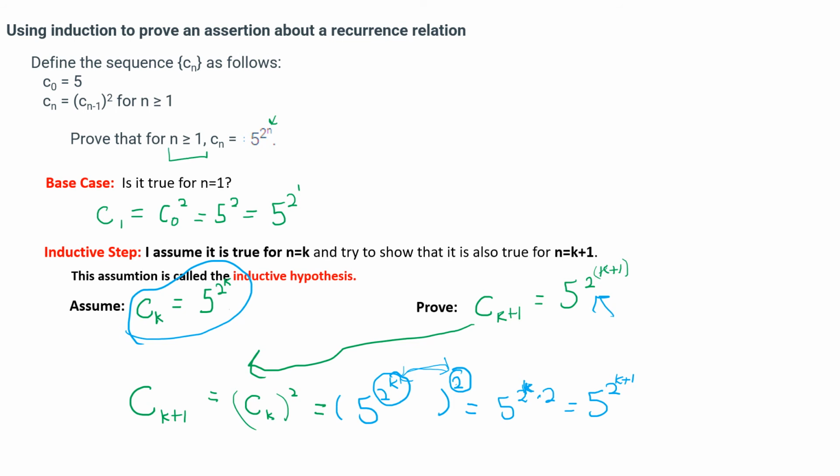So I've proven that. I started with C sub k plus 1, and then I've shown that it's equal to what I wanted to prove. So if it's true for k, it's also true for k plus 1. And since I also proved the base case, then I can say that by induction, this is true for all n greater than or equal to 1.